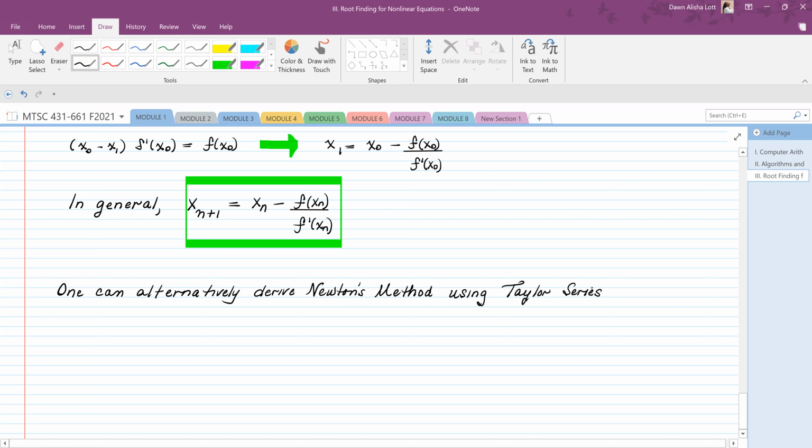And either way, you still end up with that formula.